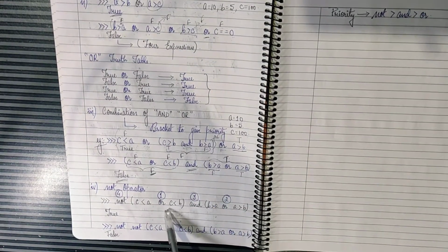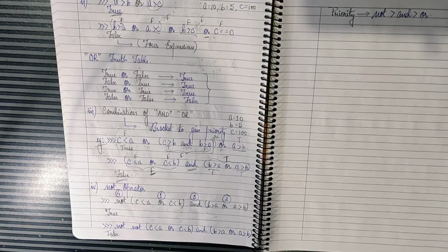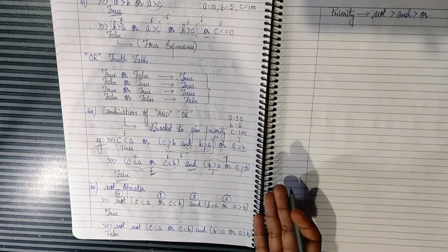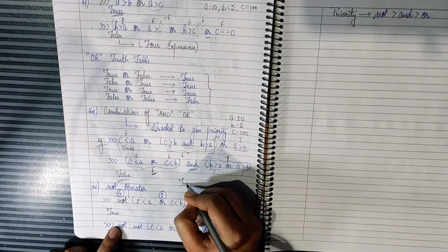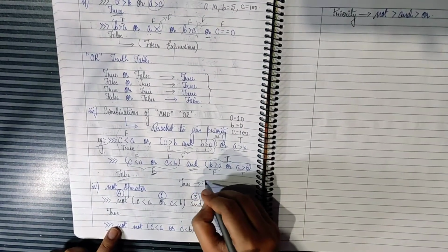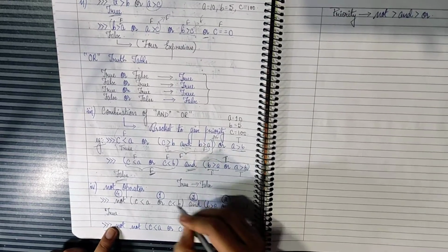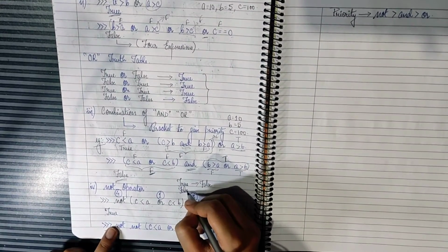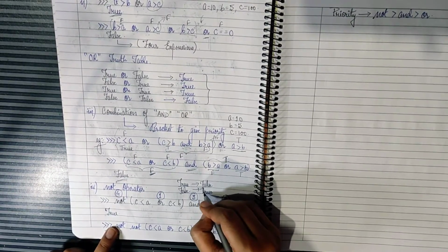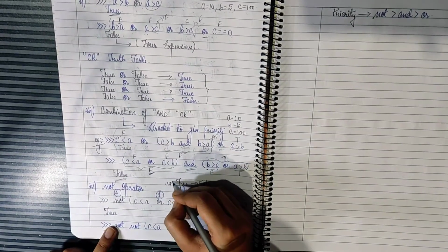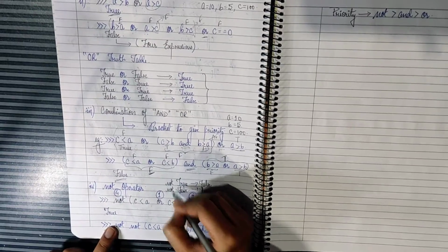Now the next one is the NOT operator. The NOT operator will convert true into false and false into true. That is NOT of true, this is NOT of false.